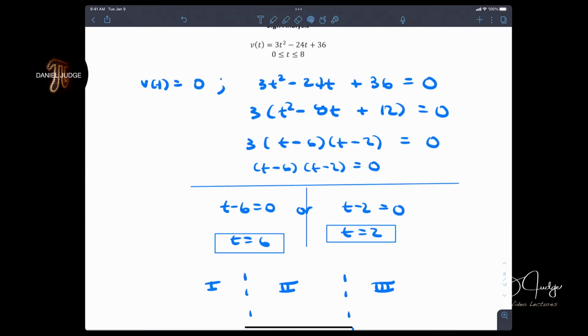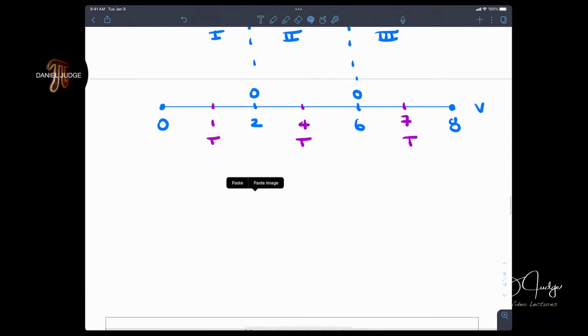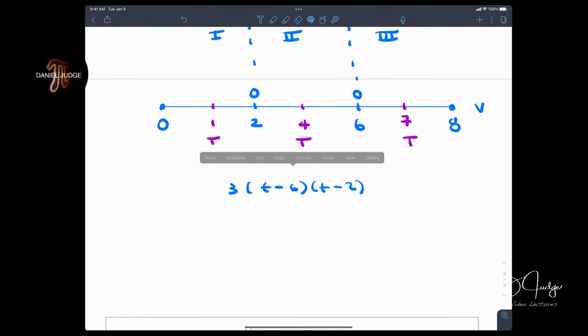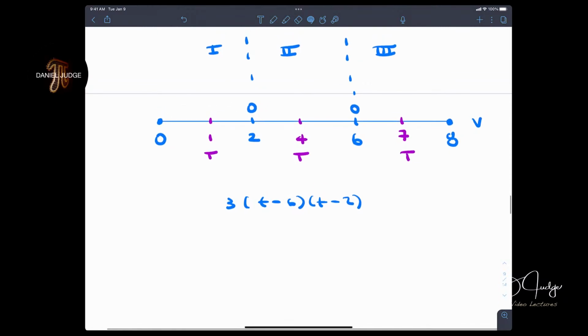Now, we could use either this 3 times t minus 6 times t minus 2 or the one below this. It won't matter. We're trying to test where the velocity is positive, where the velocity is negative, using test points for every region here. So when we test the value 1, we're going to test region 1 for its sign.